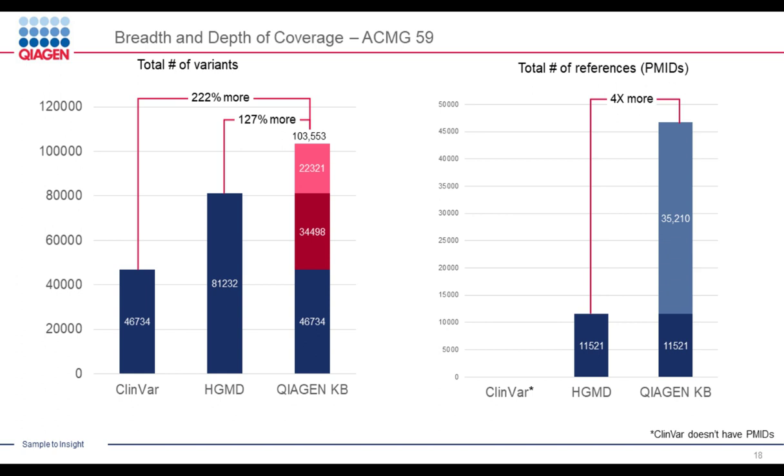And the reason why is because HGMD really just identifies the first mention, the first publication that mentions that clinically relevant variant, whereas the QIAGEN Knowledge-base doesn't just read that first article, but all subsequent articles after that. So we strive to read all publications for that particular variant from the first time it's described to the present.